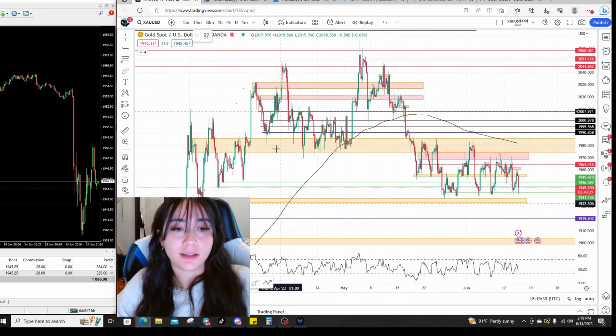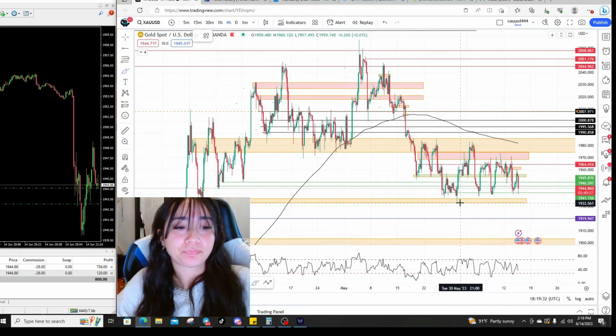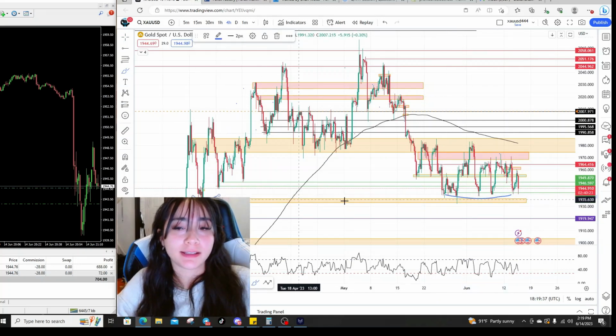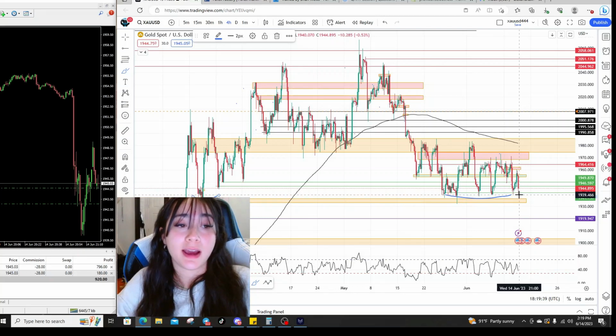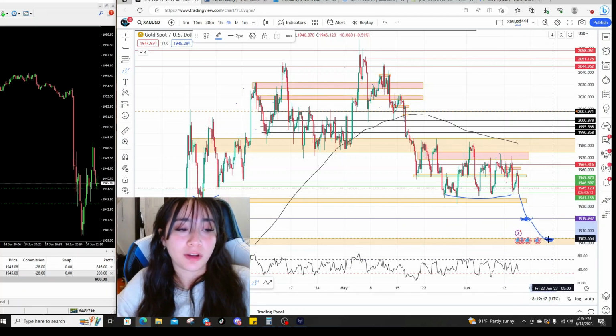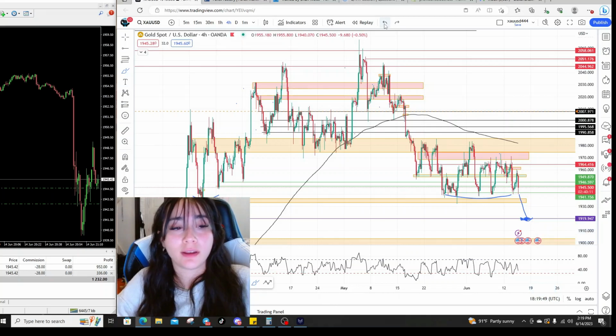We're basically at this level right here where we've had nice demand that's helped push price up. I expect it to finally break down into the 1920 level in gold, a very strong one, and here 1907.